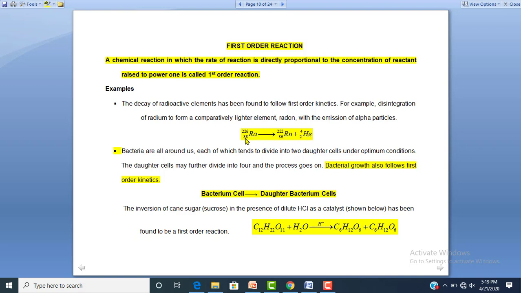This reaction totally follows the rate constant expression of first order reaction. So you can apply this concept to all other remaining radioactive elements. Whenever a radioactive element decays, then it will follow first order reaction.